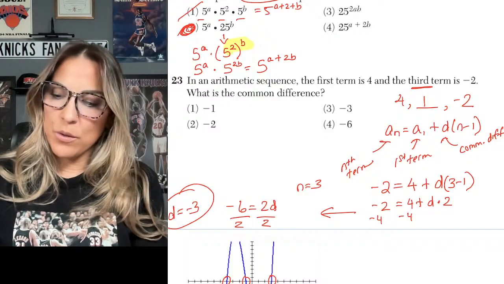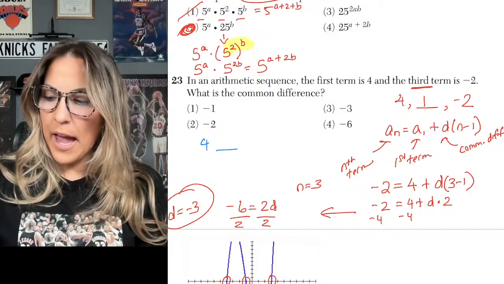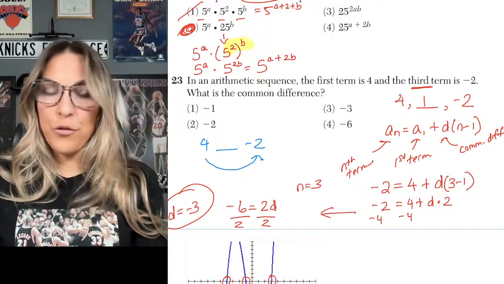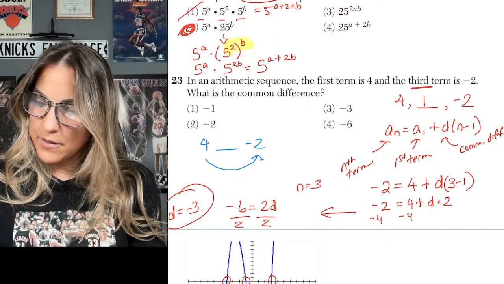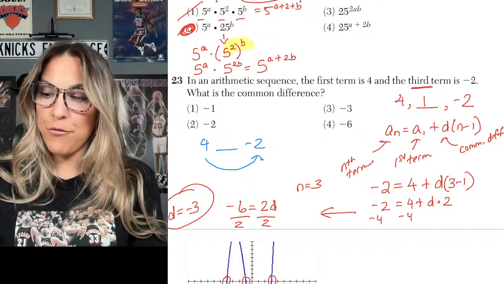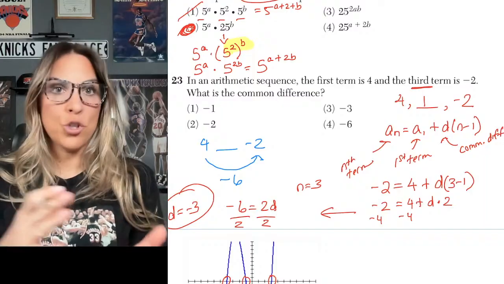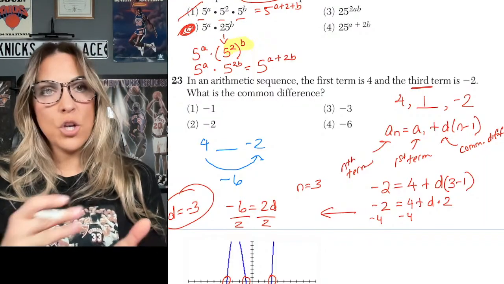The other way to do this is to think about it as, all right, you have 4, something, and then negative 2. To get from 4 to negative 2, that means I went down 6. I subtracted 6. But I'm not just going from 4 to the next term.